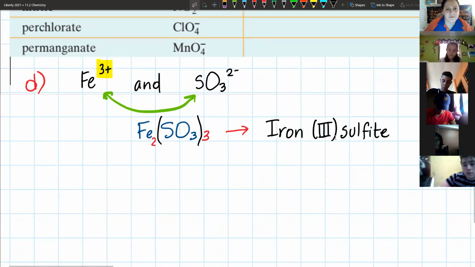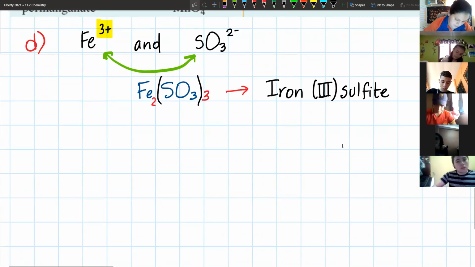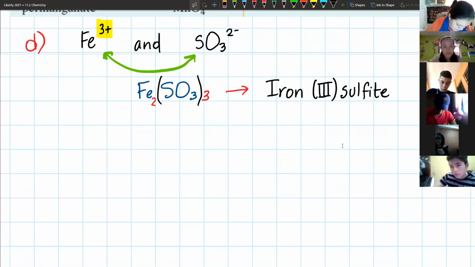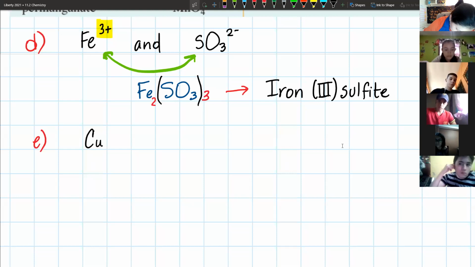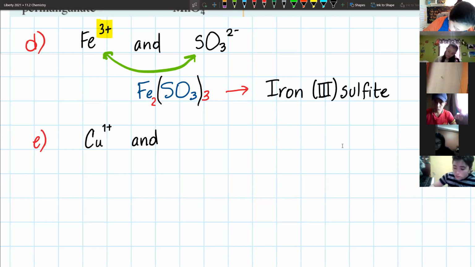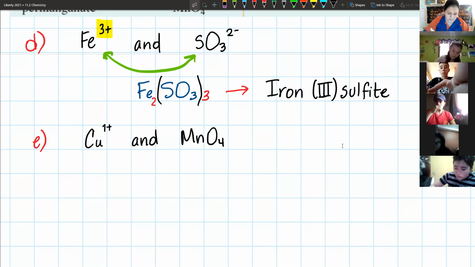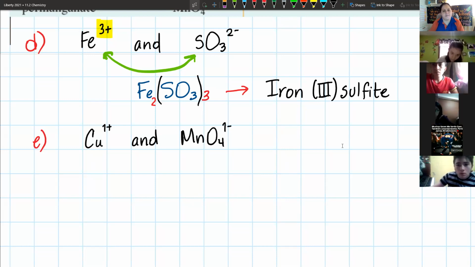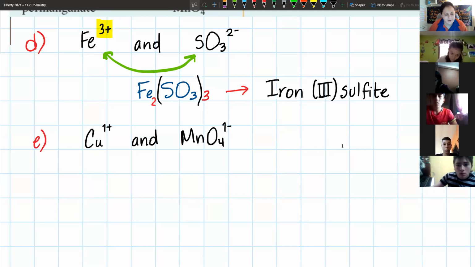Do you have a doubt on this one? Now, without procedure, just by taking a look, try to name these ones. Copper 1 permanganate.